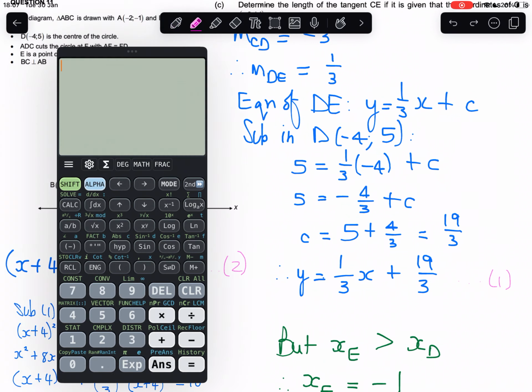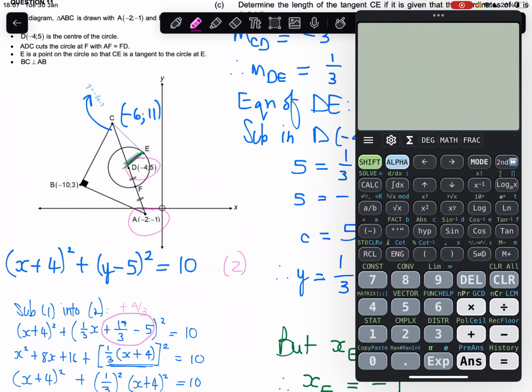Let's say, I start with D, negative 3 times negative 4 minus 7. That does in fact give me 5, so that's very promising. Then we have negative 3 times negative 2 minus 7, and that gives me negative 1. Awesome. So I can be confident that this equation is correct for the line ADC.